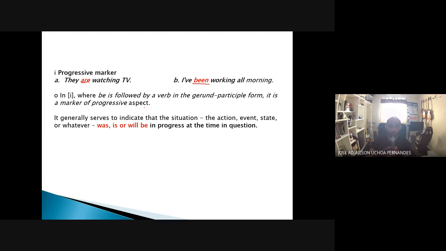Okay, so these are the three forms in terms of verb tense for be: was happening, is happening, or will be happening. And be prepares this ing verb, this gerund participle verb. Do you all agree with that? Do you all follow the path?